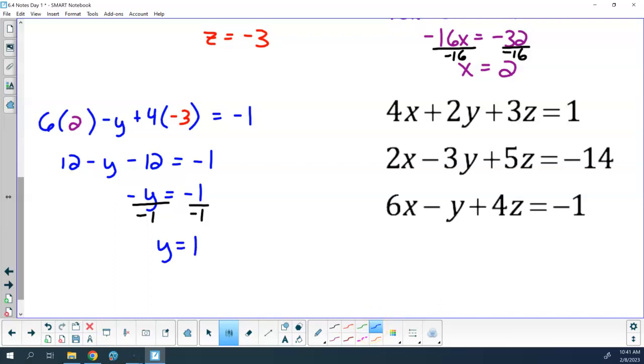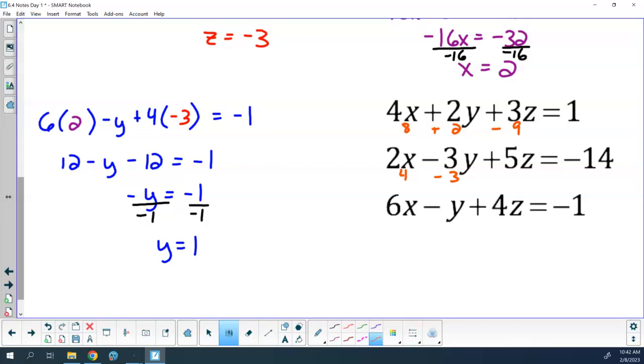Okay? So if x is 2, then this is 8. If y is 1, then that is 2. And if z is -3, then that is -9. 8 plus 2 is 10, minus 9 is 1. Checks out in that one. If x is 2, then that is 4. If y is 1, then that's -3.